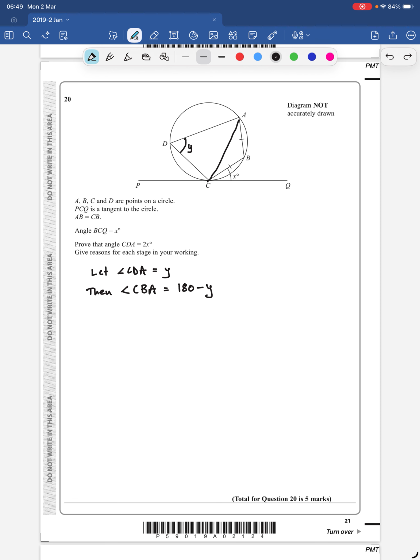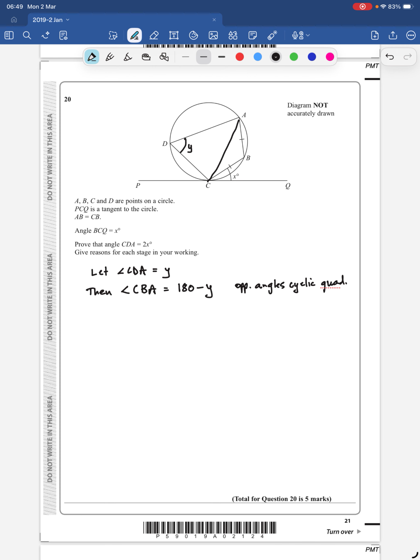So I know that y plus this one equals 180. So if this is y, this one must be 180 minus y. And I'm going to make a quick note here. I'm just going to say op for opposite angles, and then I'm just going to write cyclic quad, and that's enough.